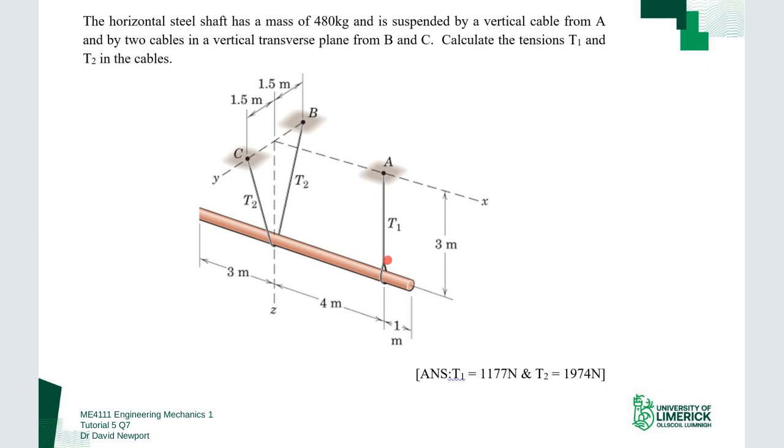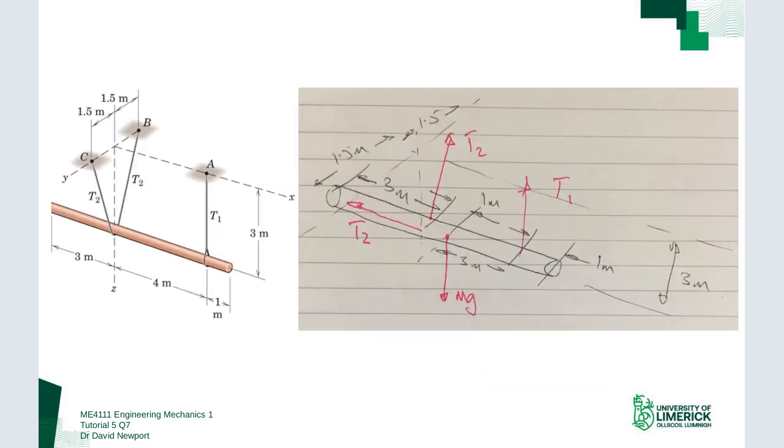The steel shaft has a mass of 480 kg, and it's suspended from a vertical cable from A, which has a tension T1 in it, and by 2 cables in the same plane that have a tension T2 in them, so they're symmetrical. You can see that there from the offset. We're asked to calculate what T1 and T2 are.